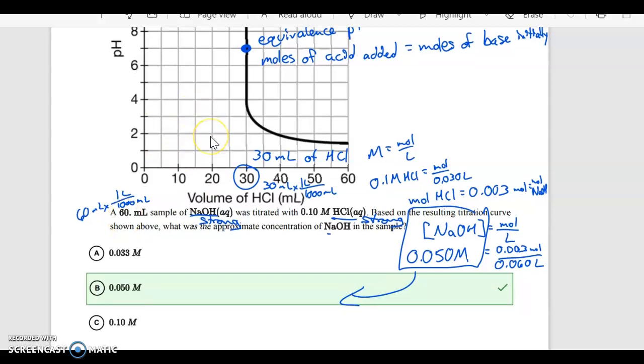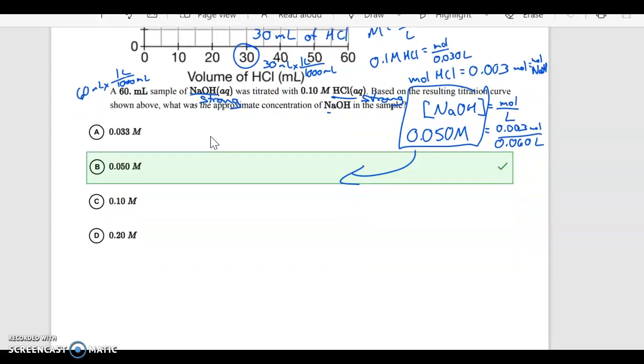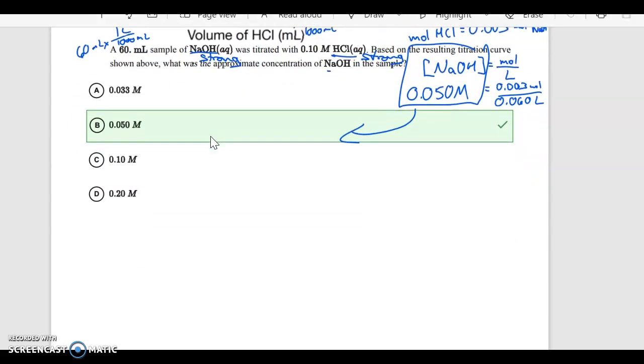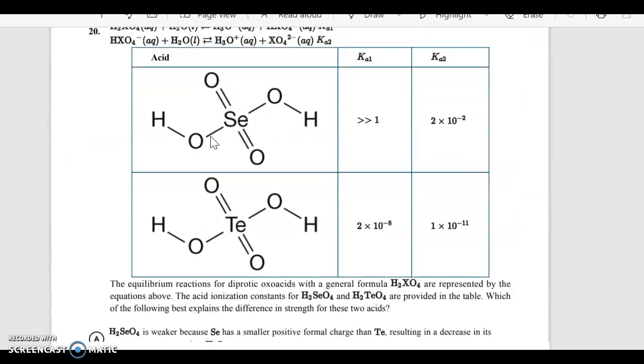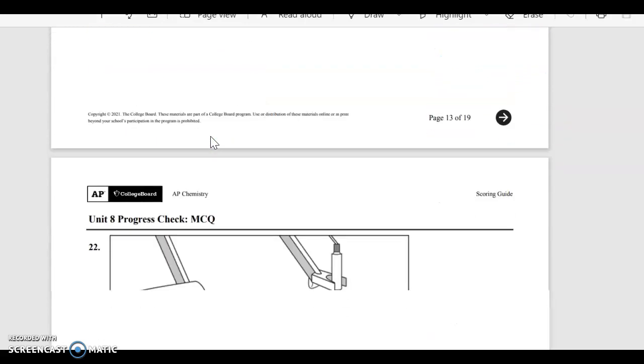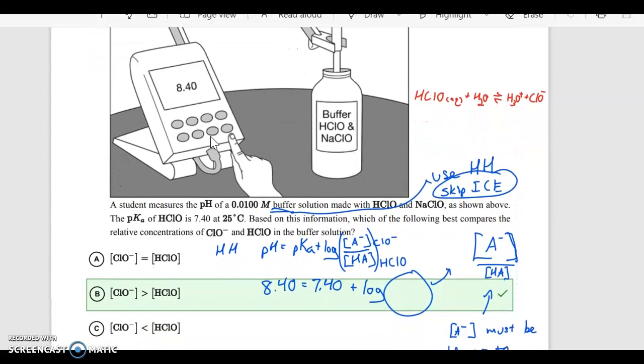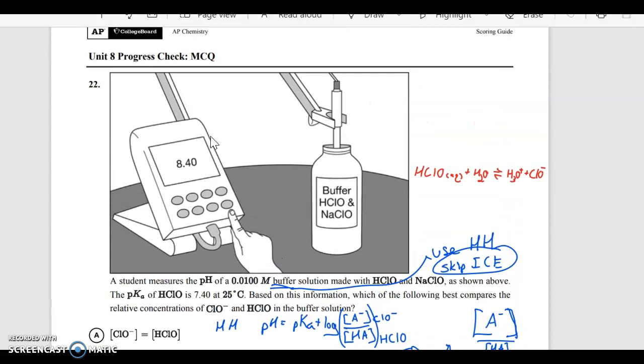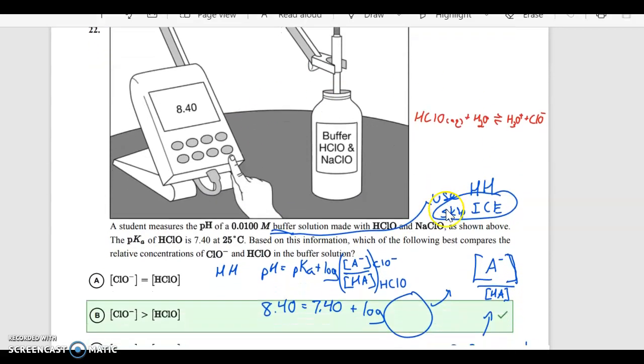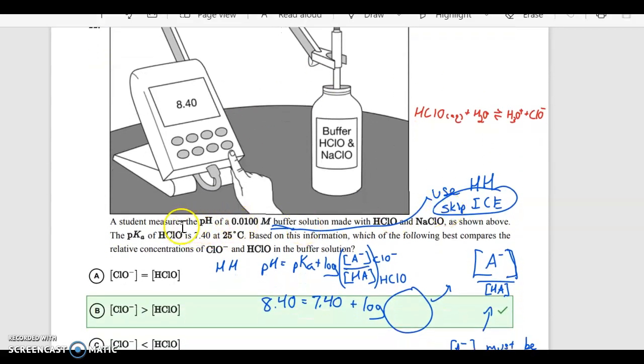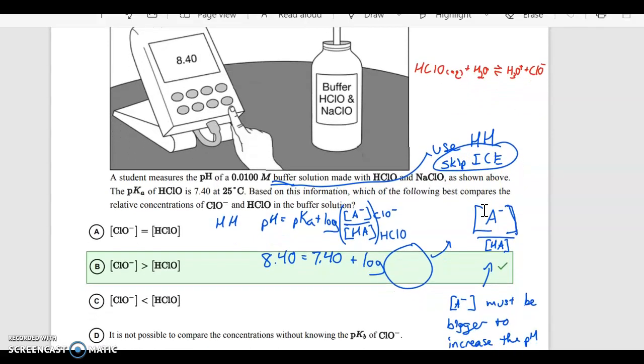This is one thing that you have to be able to do. And so, yeah, we're good there. But then, getting into some of the other problems that involved work. Things like number 22, again, they gave you some information, and when they say that you have a buffer, nice, you can use Henderson-Hasselbalch, and then you can skip the ICE problem.